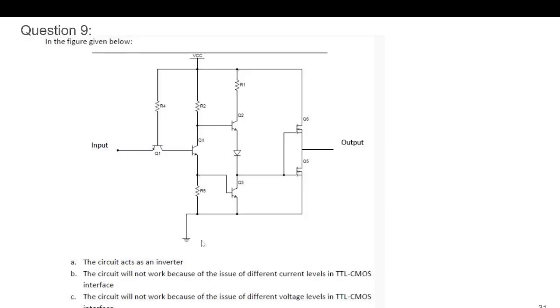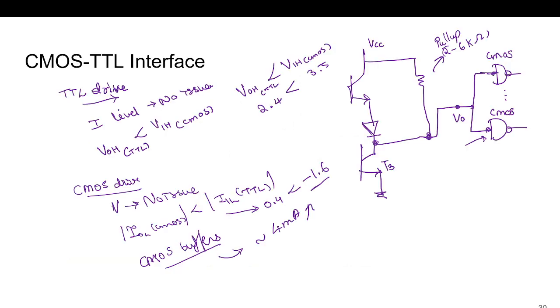So coming to this question, the circuit. No, once again, question 8, please. This one. No, question number 8.